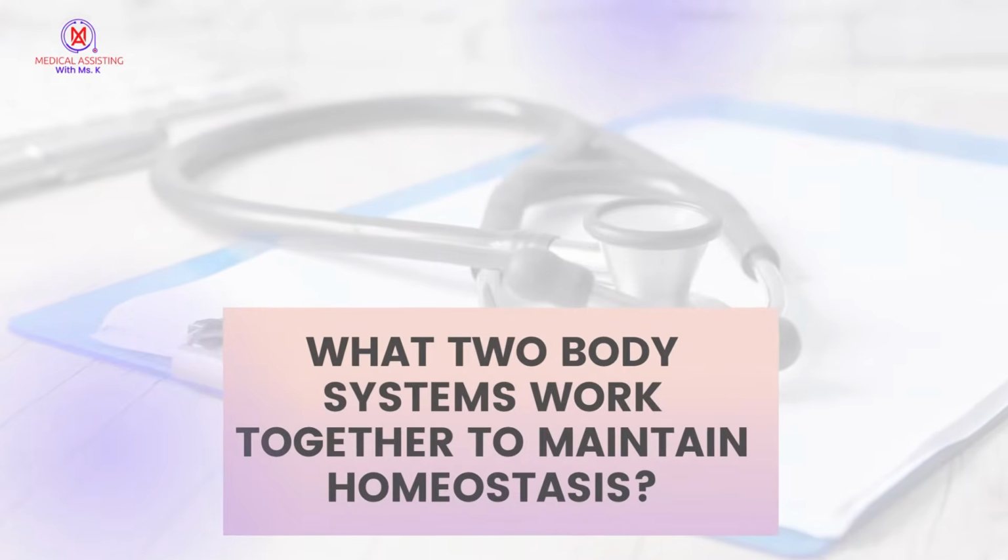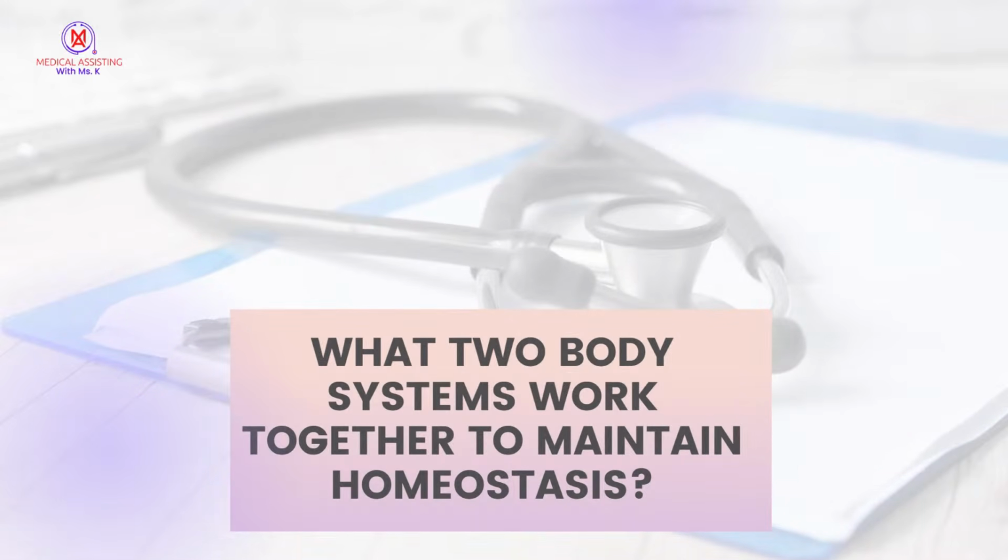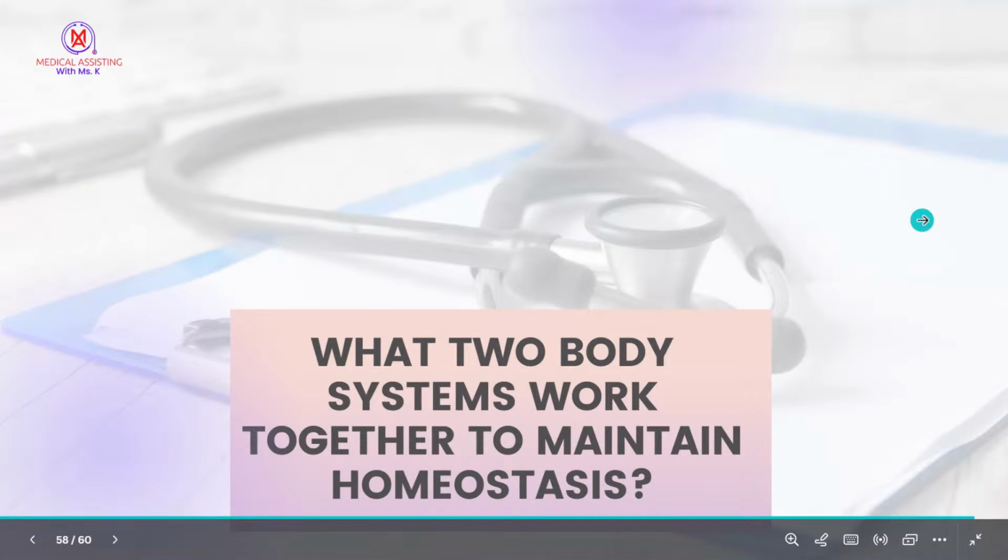All right. What two body systems work together to maintain homeostasis? Give you guys a few moments to think about it and put your answer in. What two body systems work together to maintain homeostasis?